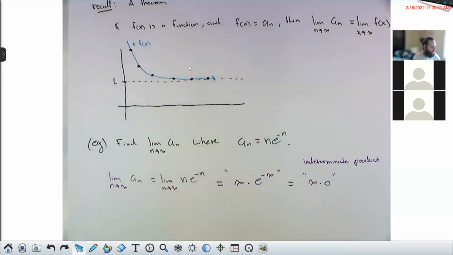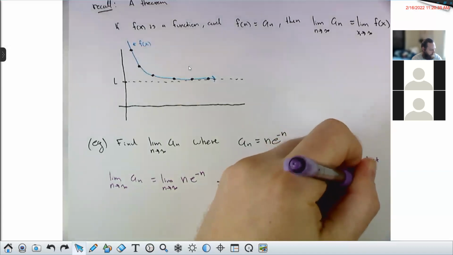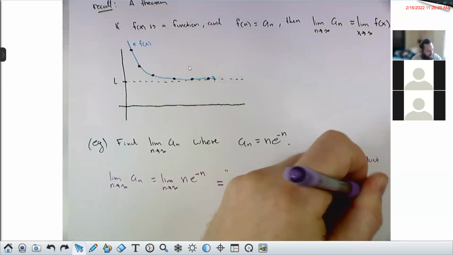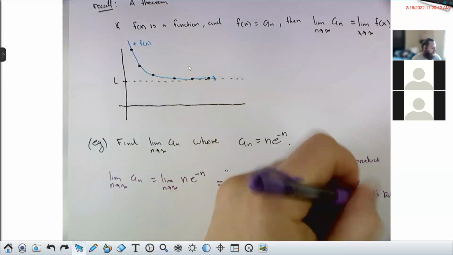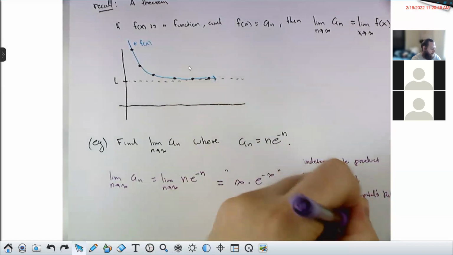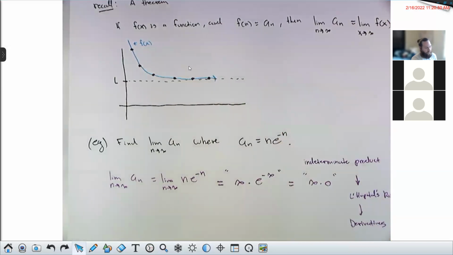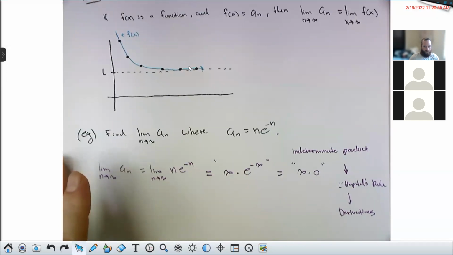So we know we're going to need some L'Hopital's rule. But that would require derivatives. And we know that it doesn't really make sense to talk about taking the derivative of a sequence. That was something we discussed last time.